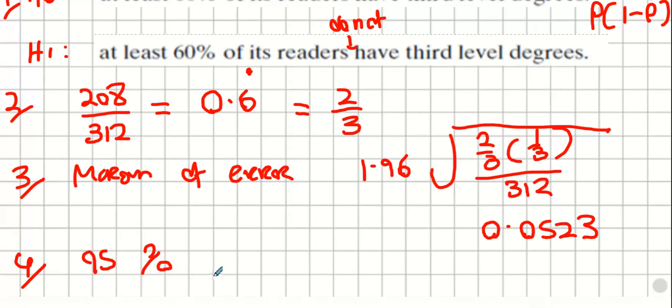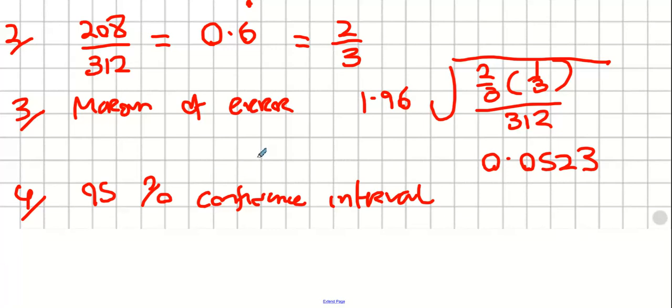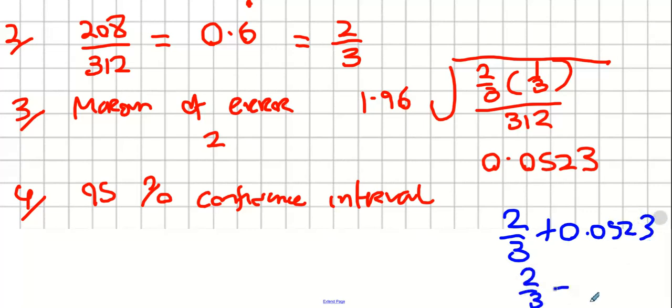Okay. Part 4, 95% confidence interval. So what do we see here? It's going to be 2/3 plus this, and also 2/3 minus this number.